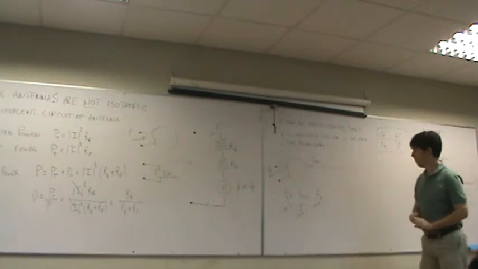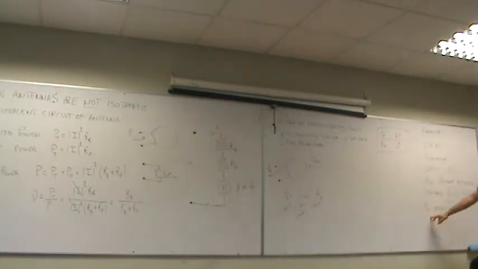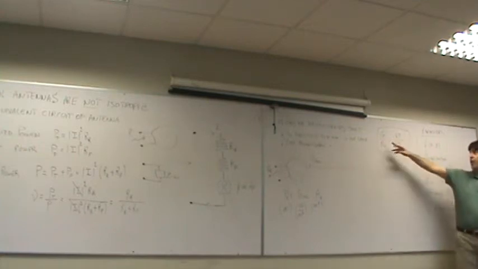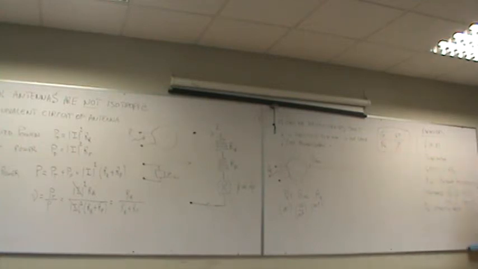Okay, so what happens is that if you look through a catalog of an antenna producer, you will never find the effective area. They will never give you the effective area because they give you the gain. So once you have the gain, you have the effective area.